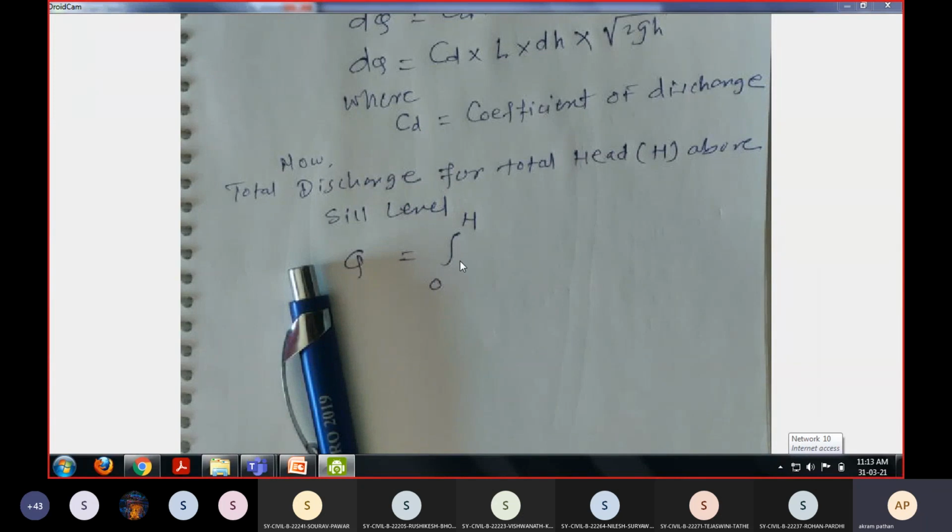How you will take this integration 0 to h? समजले तुम्हाला?